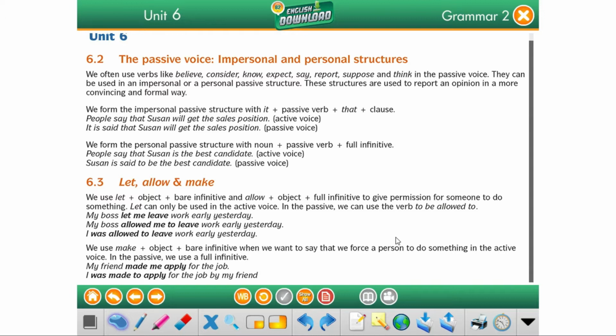Although the impersonal passive is possible here, personal passive is more common. For example, they say that women live longer than men. Women are said to live longer than men. The subject of the subordinate clause, women, goes to the beginning of the sentence.